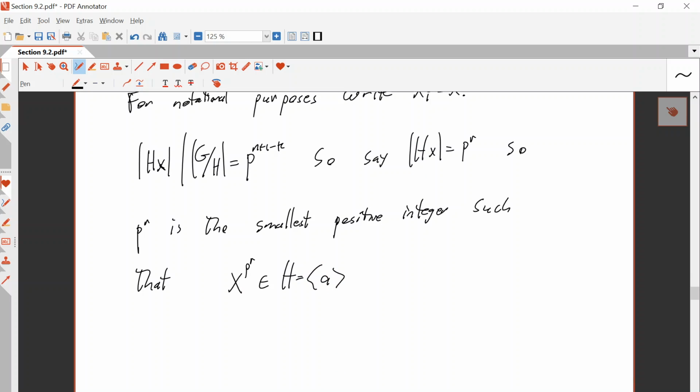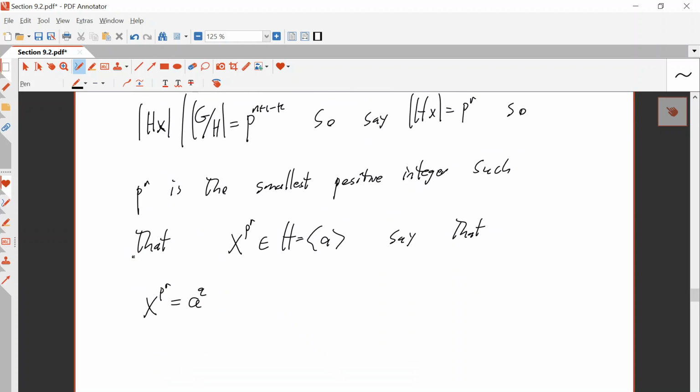by A. Say that x to the p to the r is equal to a to the q, and write q equal to t times p to the s, where GCD of t and p is 1.